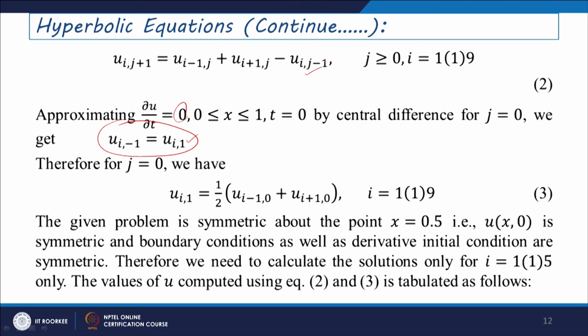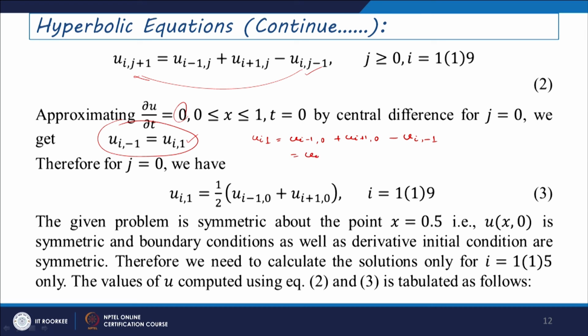So that is why it can be written as half of u I minus 1 0 plus u I plus 1 0, since this will just be considered at this level here. So directly if you just write this equation, this can be written as u I 1 this equals to u I minus 1 0 plus u I plus 1 0 minus u I minus 1 here.